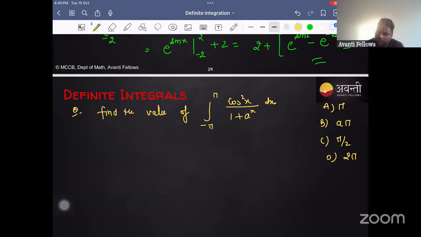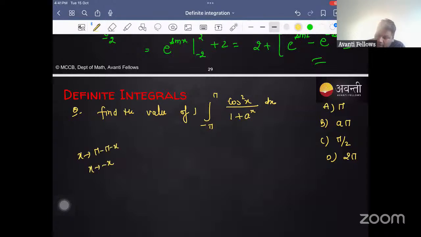All right, now let's do. See the function inside, the limits being minus pi to pi, the first property that comes to mind is the even odd function property. But this function, if you realize, it is neither an even nor an odd function. So I will use replace x by minus x.